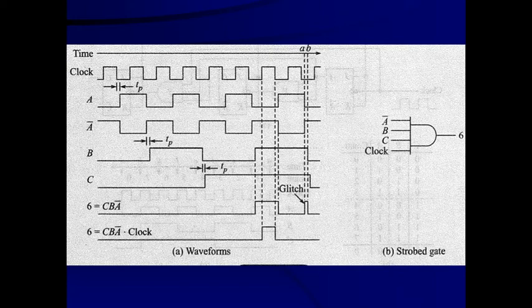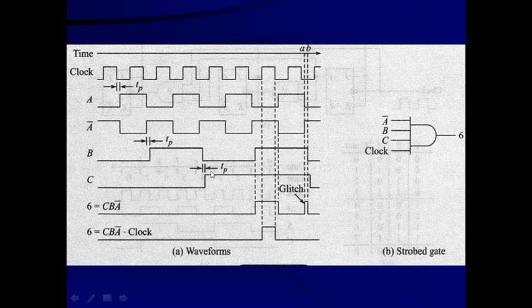A similar thing happens for flip-flop C. See here, this is the negative edge of flip-flop B, but the output of C does not occur at the same moment. It is delayed by this much propagation delay time.